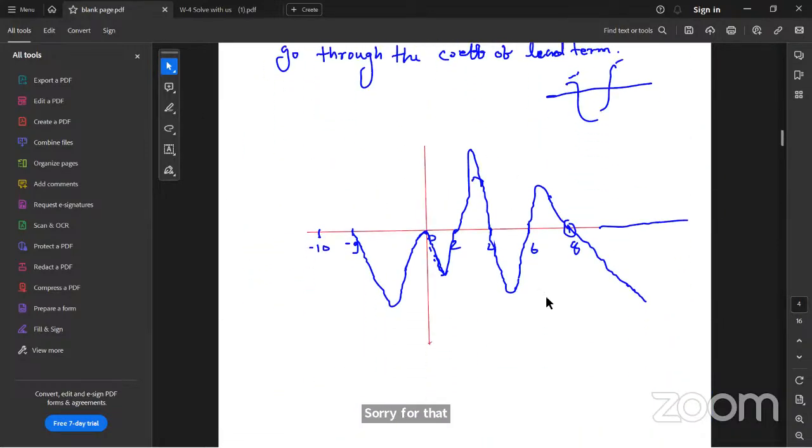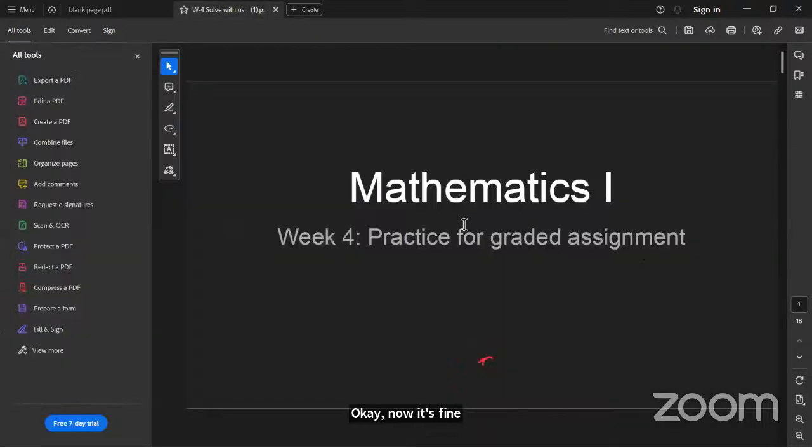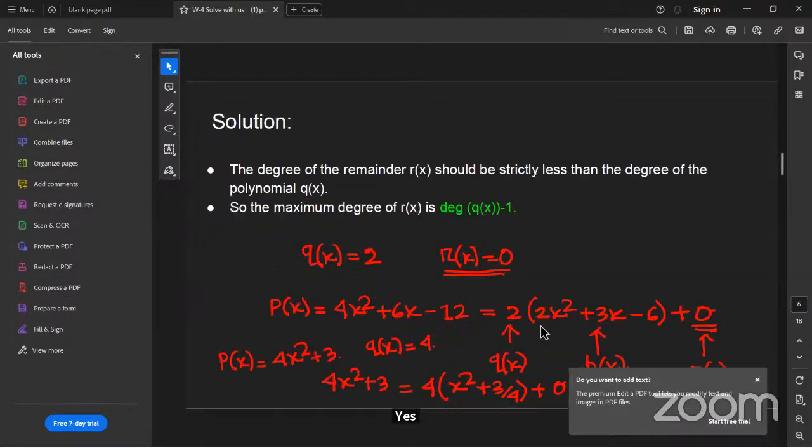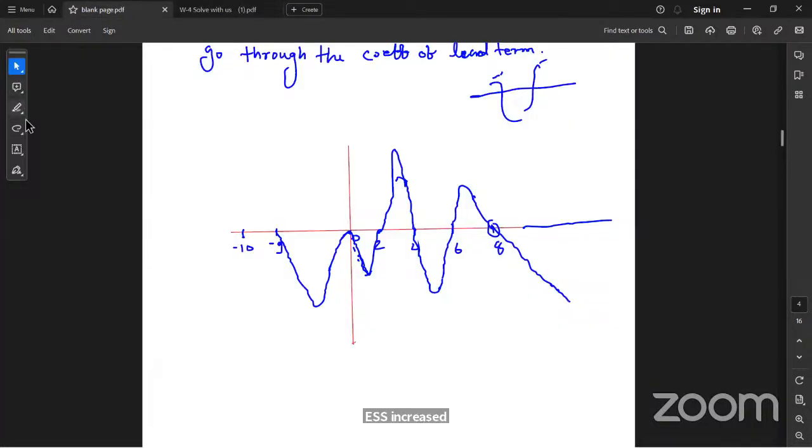Okay. Here is the polynomial. What is the second option saying? It is saying P(x) is increasing function when x belongs to 6 to 8, right? Now just see here.